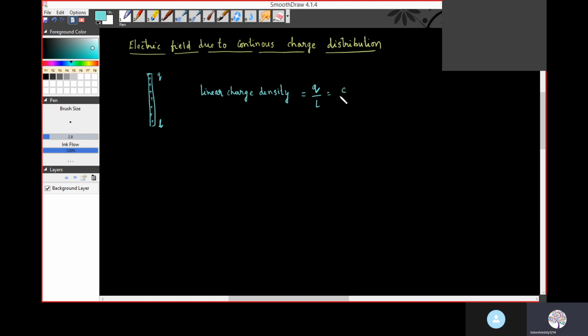This is in coulomb and this is in meter, so coulomb per meter is the SI unit for linear charge density. I denote this linear charge density with lambda. Lambda is equal to Q by L. Then we discuss surface charge density.